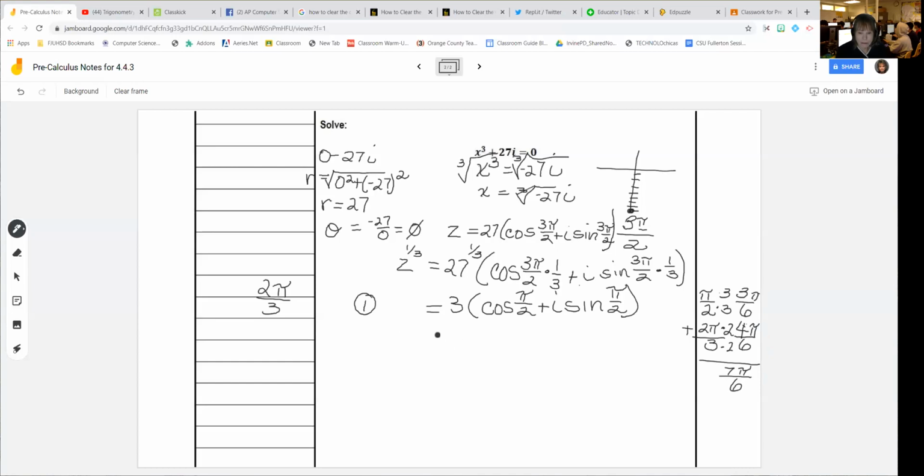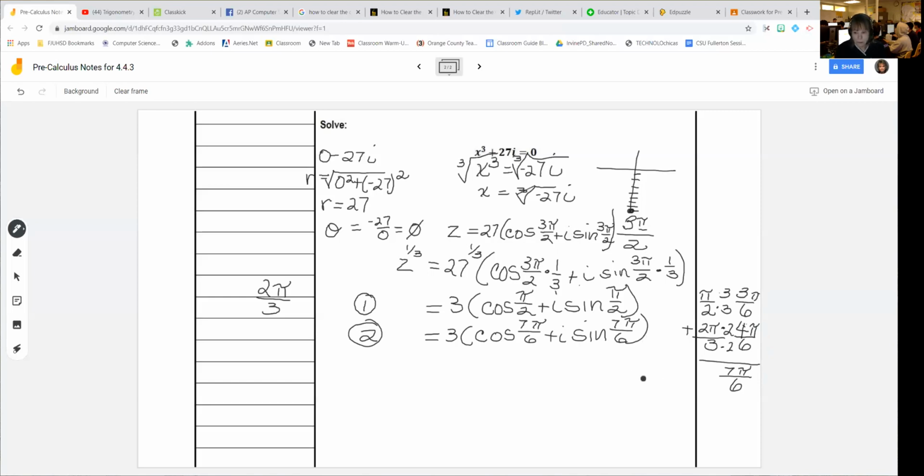Okay, so my next root is 3 cosine 7 pi over 6 plus i sine 7 pi over 6. That's my second root.